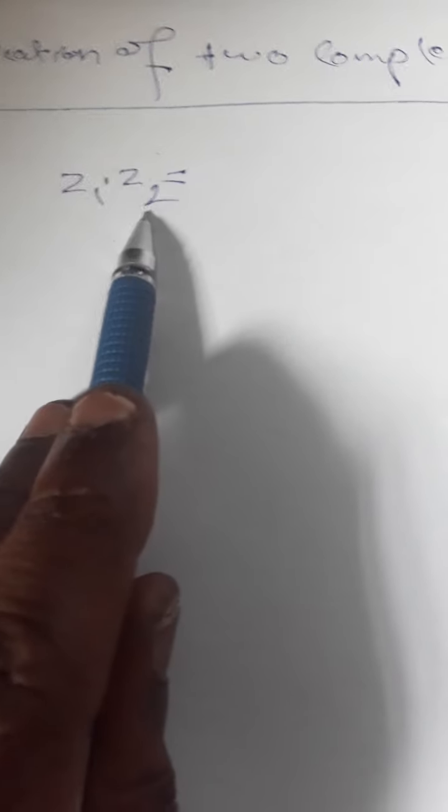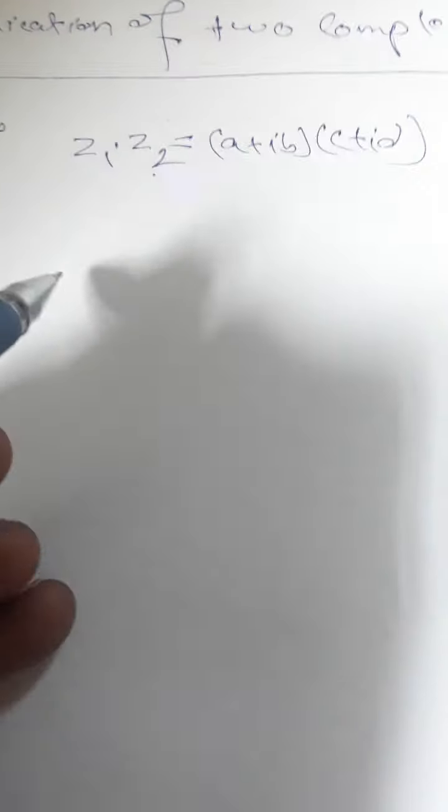Here z1 is equal to a plus ib, z2 is equal to c plus id. Now z1 into z2 is equal to a plus ib into c plus id.